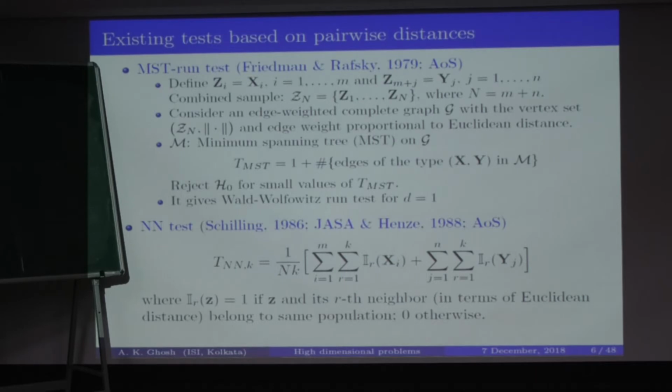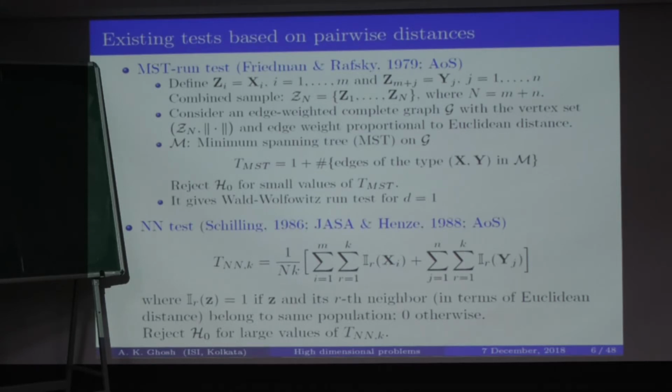All neighbors of x come from this population itself, and all neighbors of y will come from that population itself. So if f and g are well separated, we do expect it to have higher values. So naturally we will reject the null hypothesis for higher values of this. So basically it counts the proportion of neighbors that come from the same population.